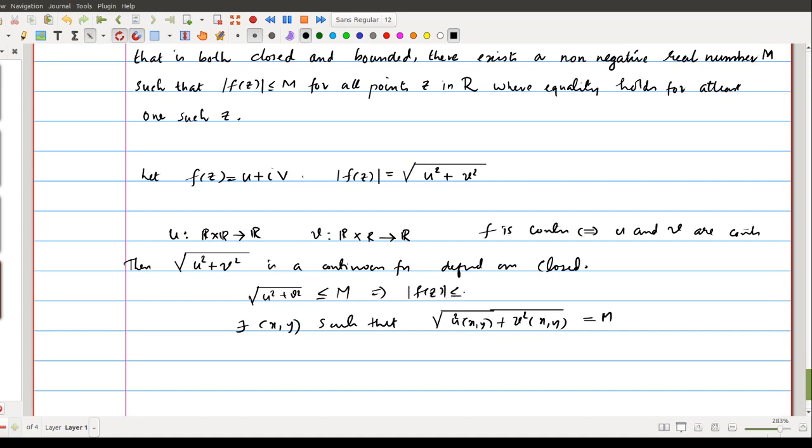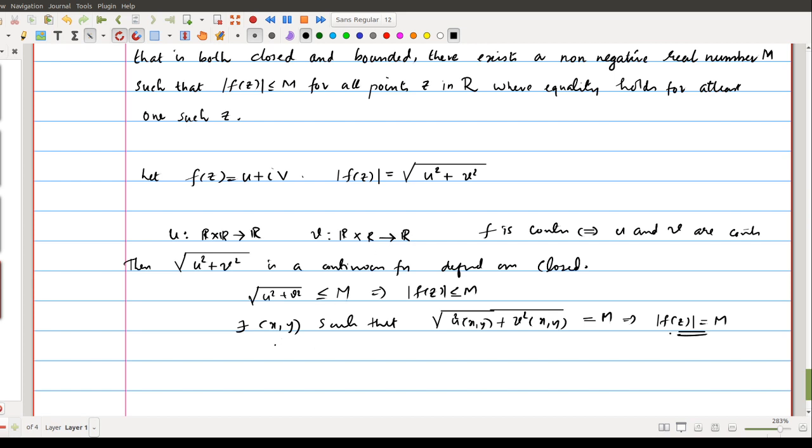So the modulus of f of z is always less than or equal to M, and modulus of f of z equals that M at that point. So equality holds for some z belonging to the region R.